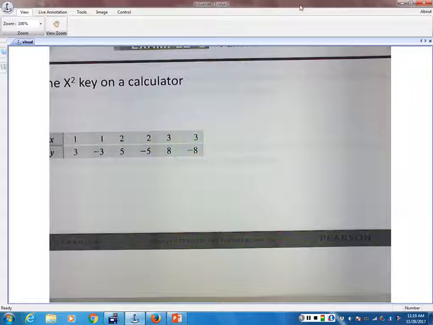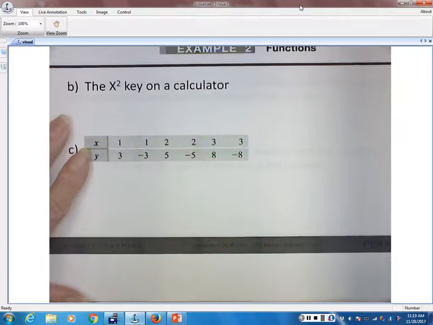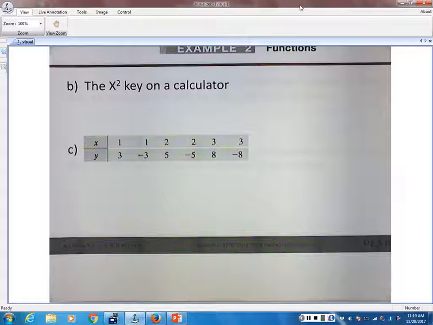What about the x squared key on your calculator? Does that represent a function? Yeah. What makes you sure it is? Give me an example of what happens. Because if you input like 3 squared, you're always going to get 9. Okay. And if you put in 7, you're always going to get 49.